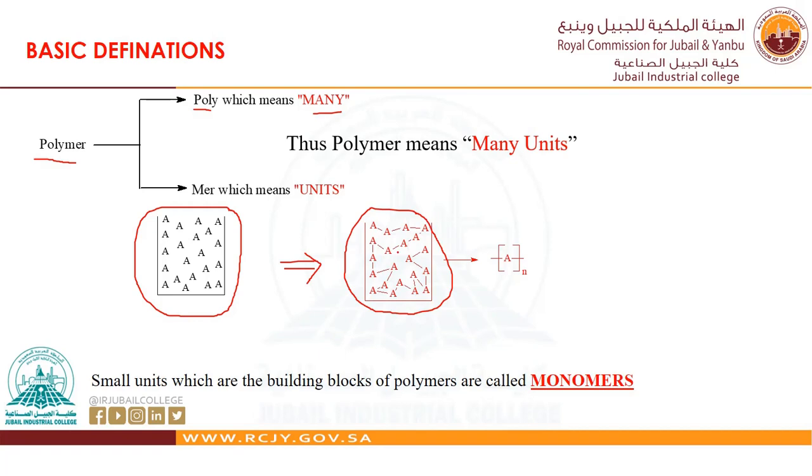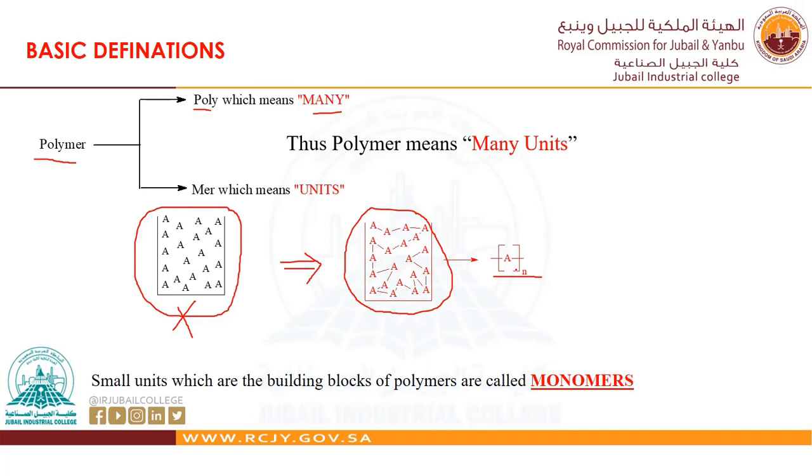And this chain contains many units of A that are connected together. So this cannot be described as a polymer, despite the fact it contains many units, but this one has many units that are connected together, and this can be simply represented as A multiplied by the number of units, which is n.